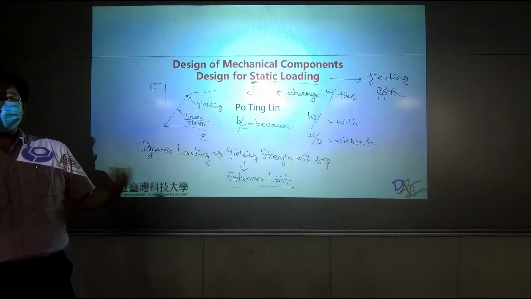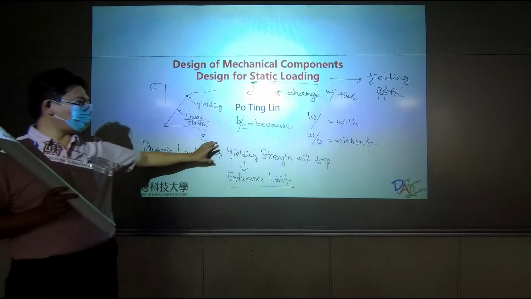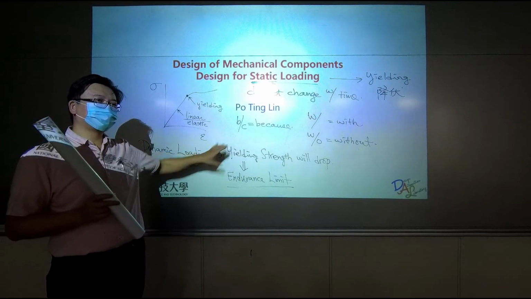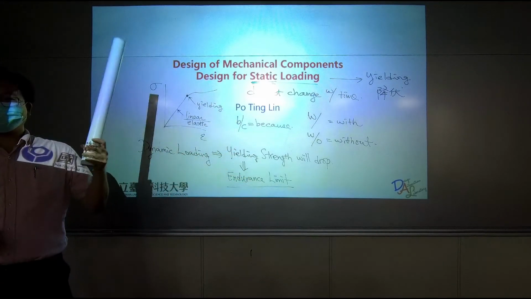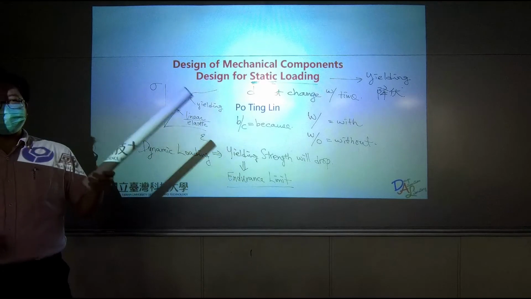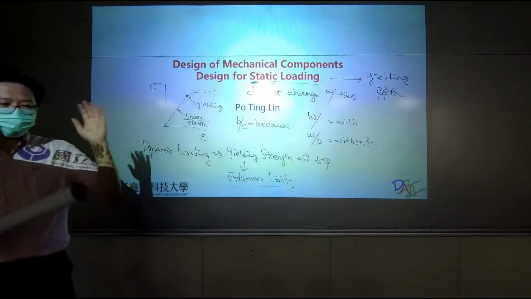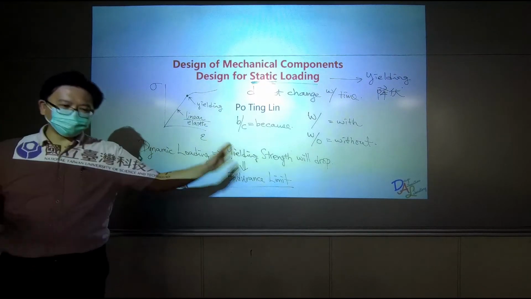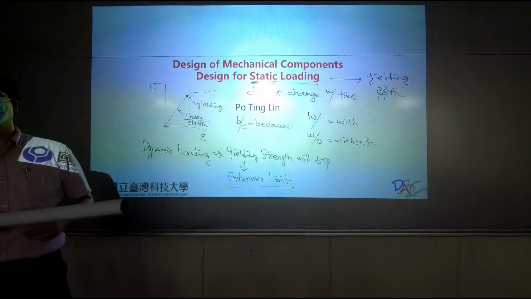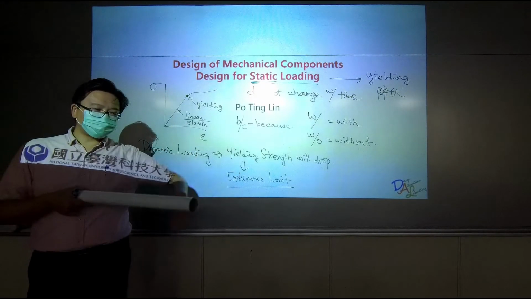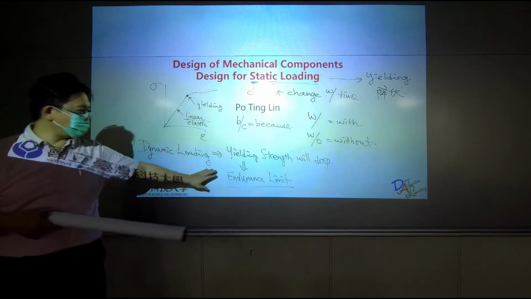Based on what we know about the material, it should have some level of yielding strength, and that workpiece is as strong as you expect. But if the same material is applied some force a huge number of times, that strength drops. When that strength drops, we give that number a different name, endurance limit.